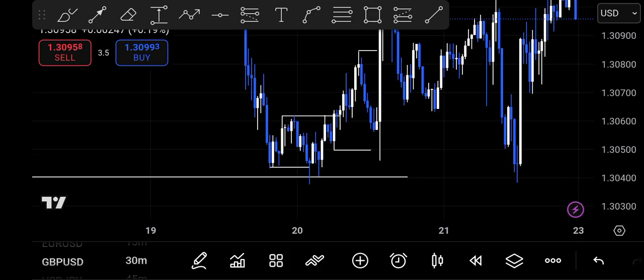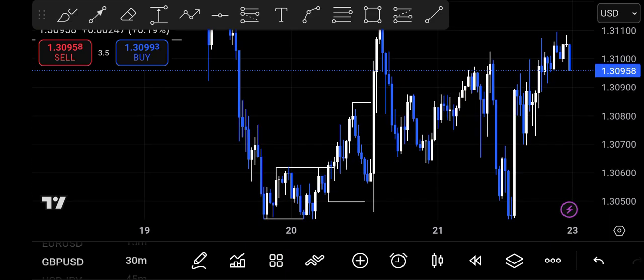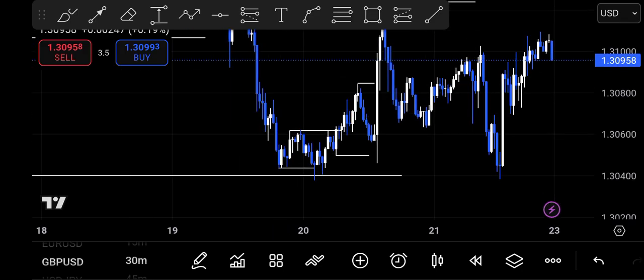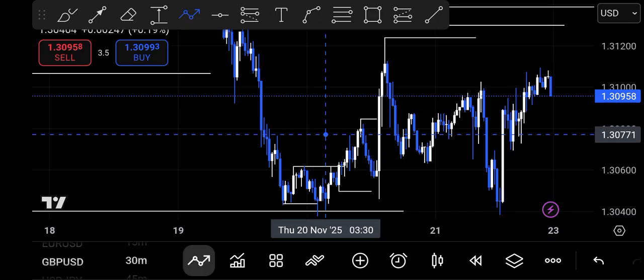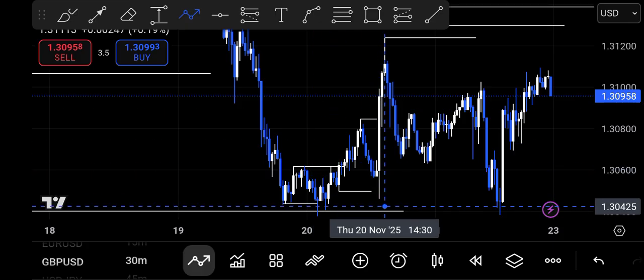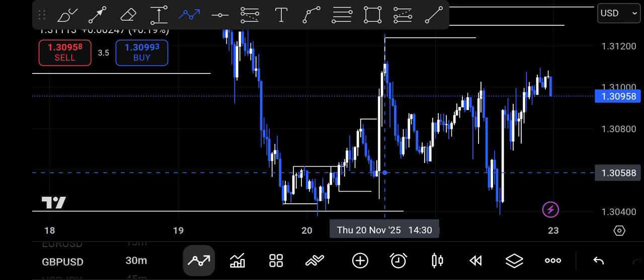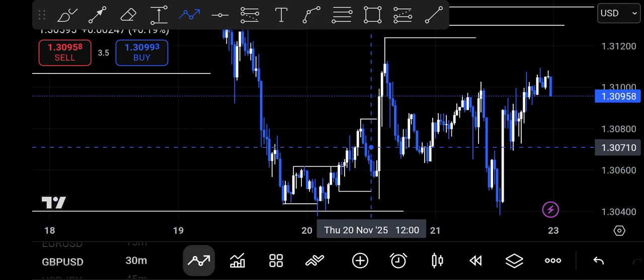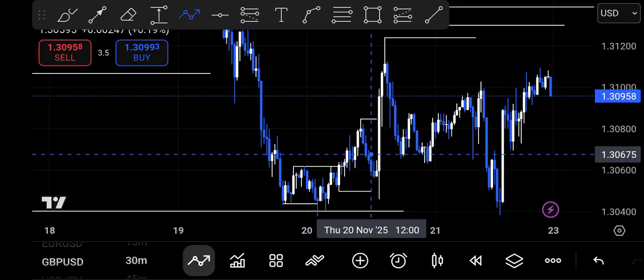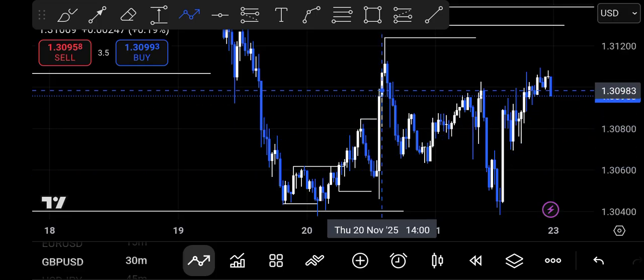Then I'll wait for my buying position. After the NFP I spotted this POI, this long wick rejection candle, which breaks another structure to the upside and gives us this huge imbalance to the upside.